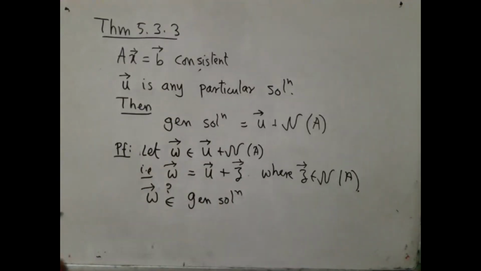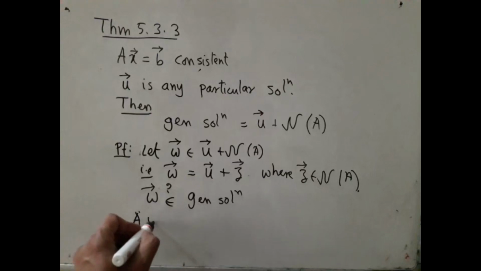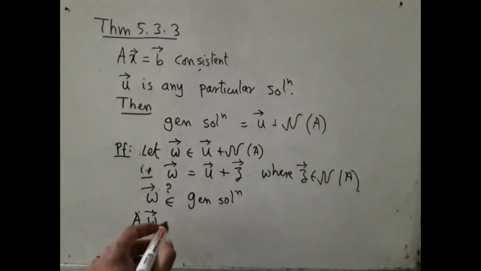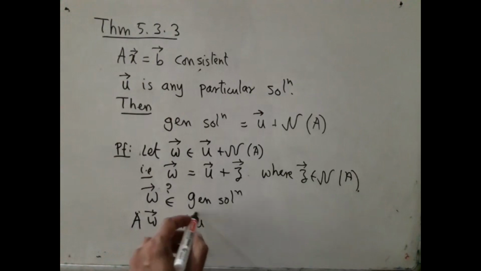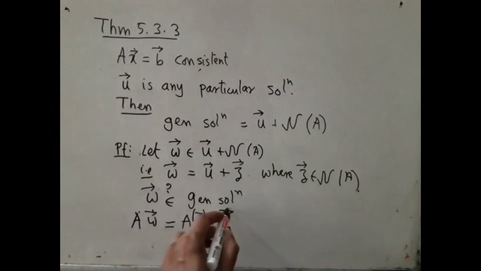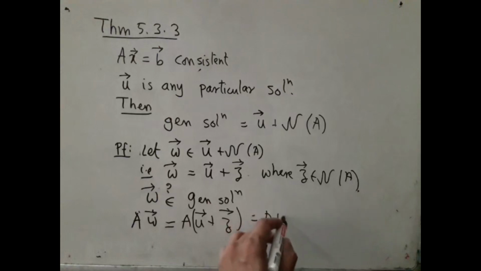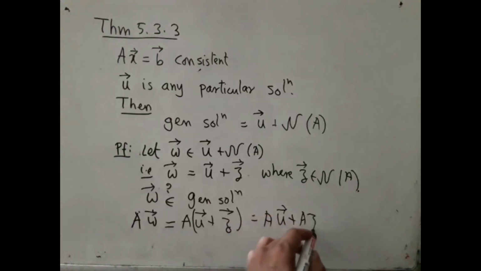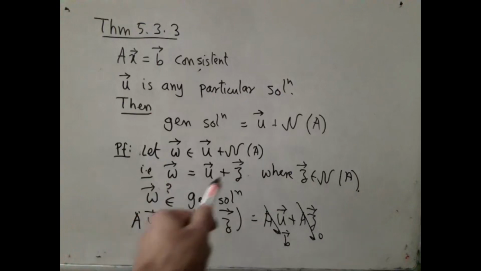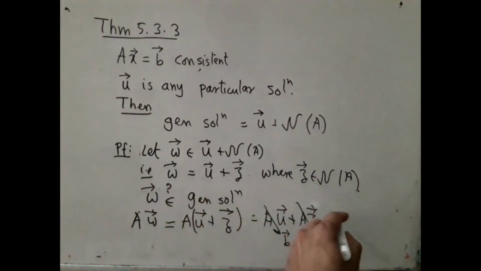I have to show AW is equal to B. Well, let's do it. It is A(U plus Z), that is AU plus AZ. AU is already B, and AZ is 0 by the very property of Z being in null space of A. So this is equal to B as required. As I said, this theorem is of great importance, unlike theorem 5.3.2, which is just useless rubbish.